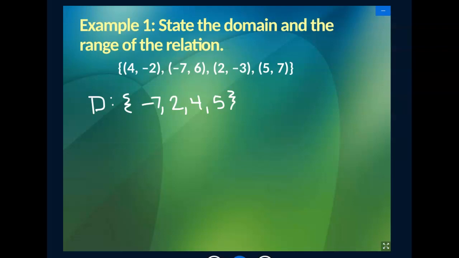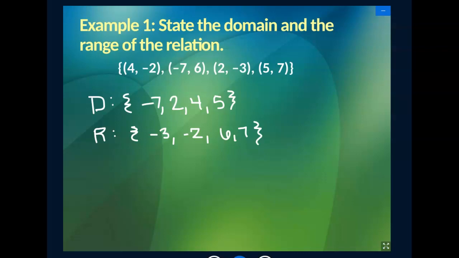The range is the set of y values. So -3, -2, 6, and 7. The y values are the second coordinate in the relation.